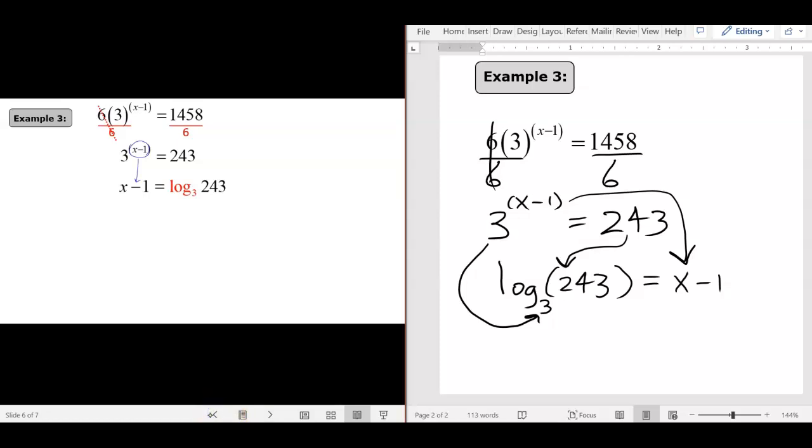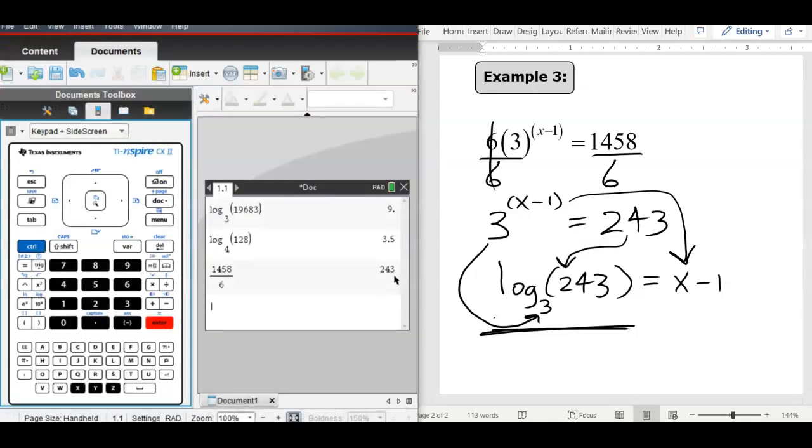Well, first of all, let's figure out this side of the equation. What is log base 3, 243? Control 10 to the x next to 1. log base 3, 243, hit enter. So this gives me 5.